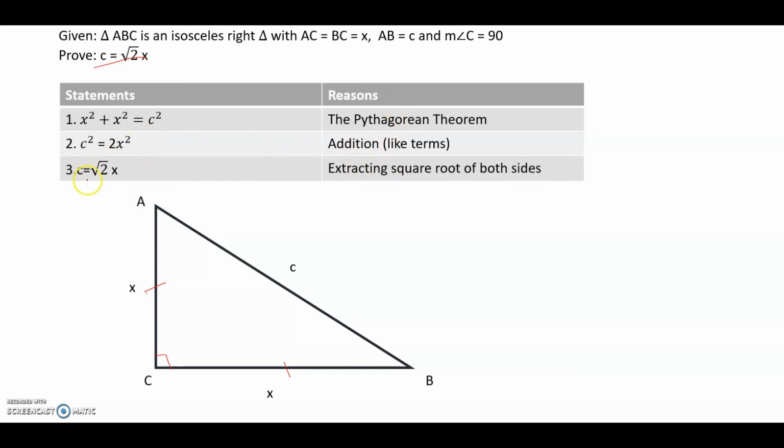Therefore number 3 is c equals square root of 2 times x, by extracting the square root of both sides. So this is square root of 2 times x, or x times square root of 2. Here, let's have the examples. Find the measures of the missing sides in each of the following triangles.